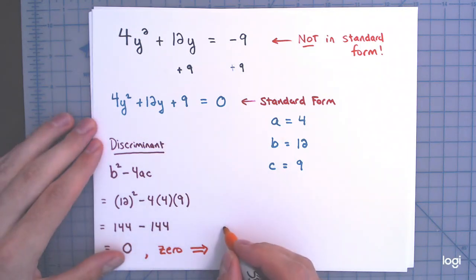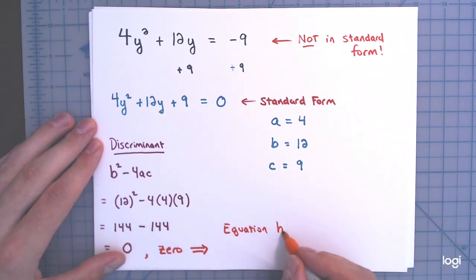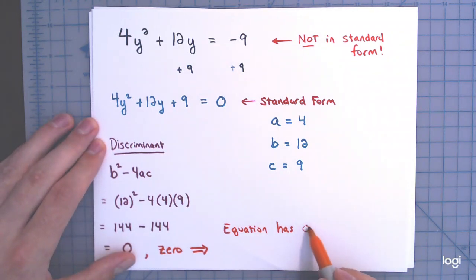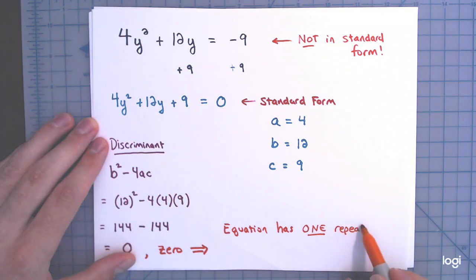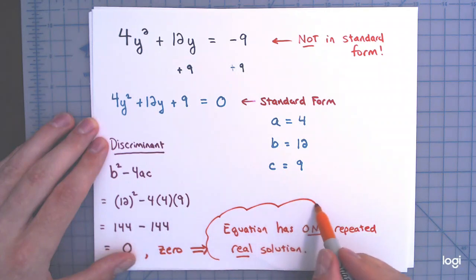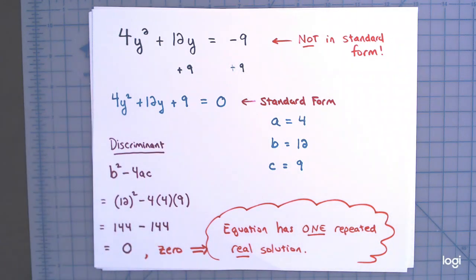So the equation will have just one repeated real solution. But only one solution. And that's it. Again, that's all I'm asked to do for these examples.